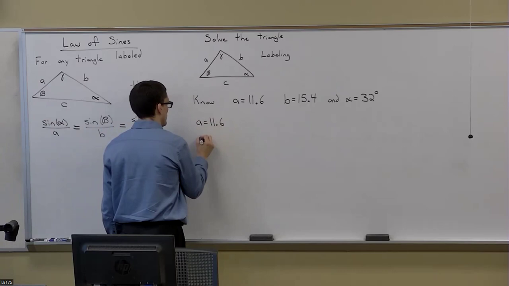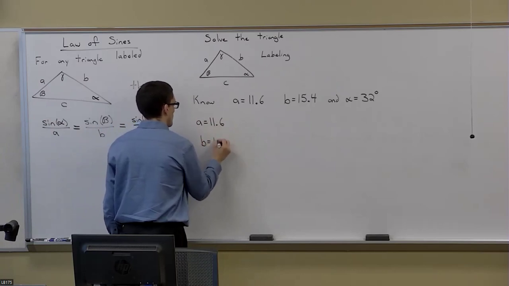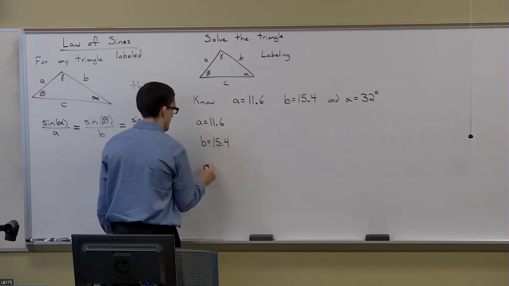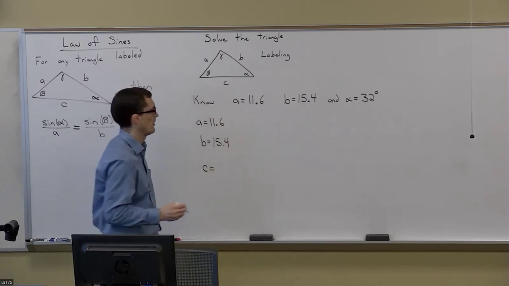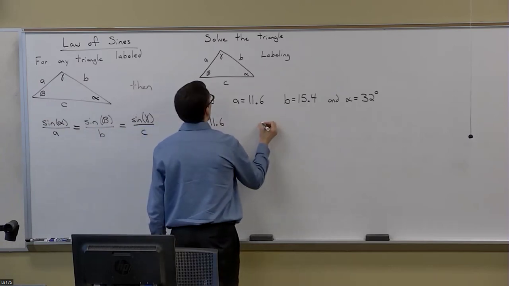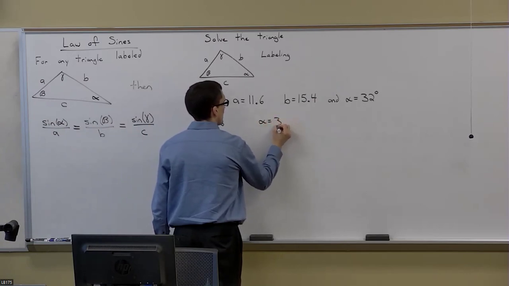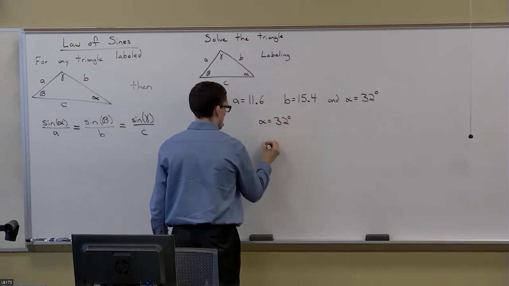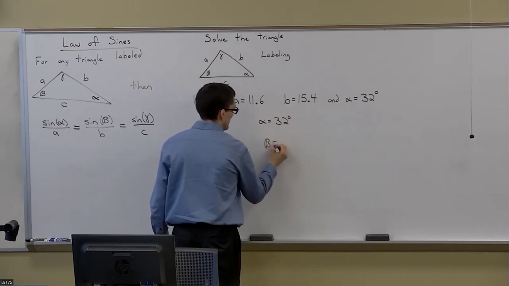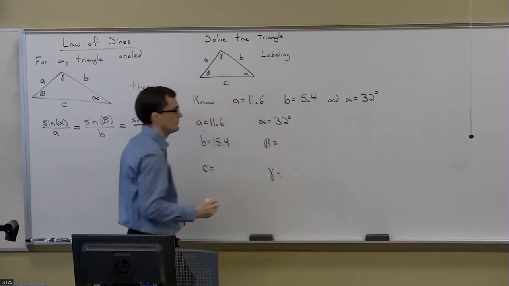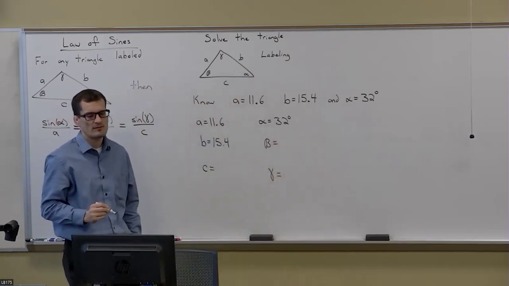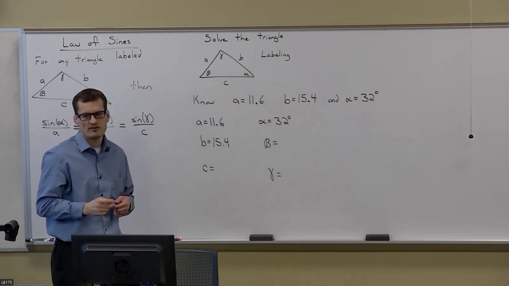So I know A is 11.6. I know B is 15.4. I'll figure out what C is. I know alpha is 32 degrees. I'll have to find what beta is, and I'll have to find what gamma is using law of sines and using the fact that angles add up to 180 degrees.